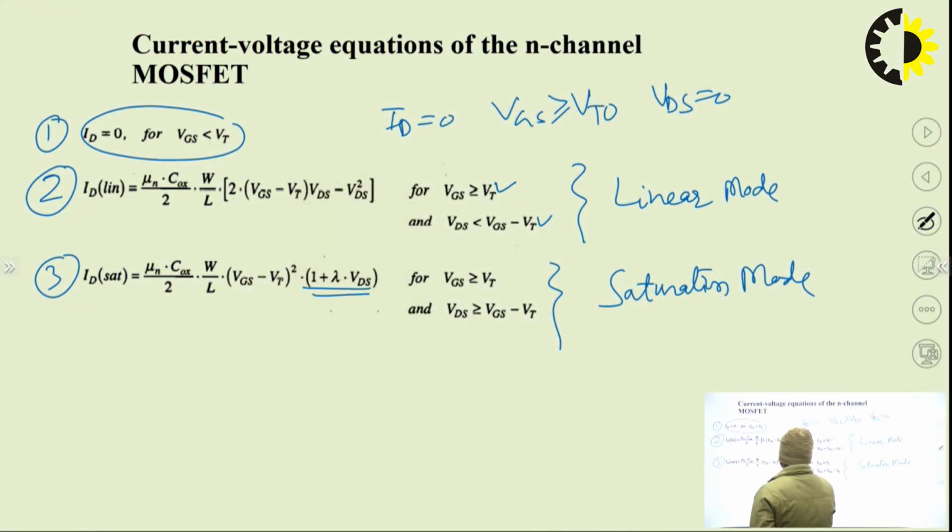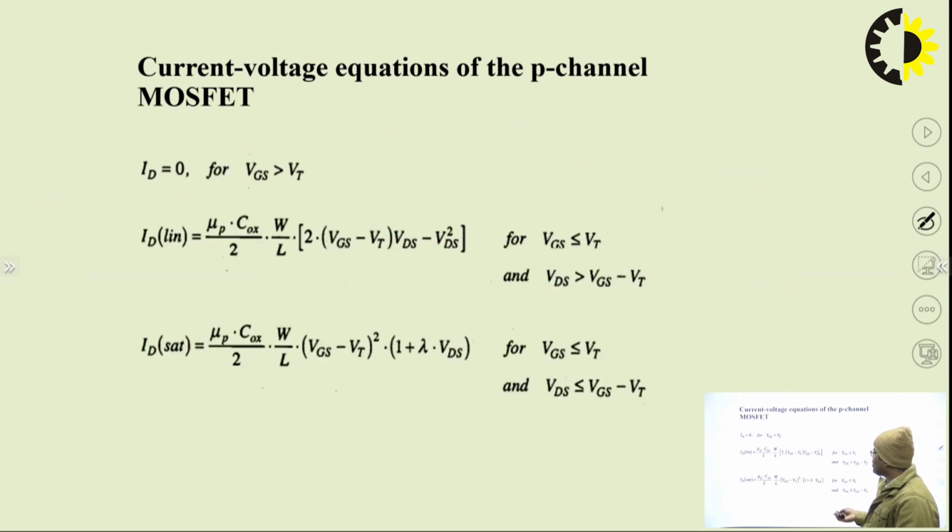Another effect is taken here: the effect of channel length modulation. We will study further what the effect of channel length modulation is. Now these are the current equations derived for the p channel MOSFET. Some conditions are reversed.